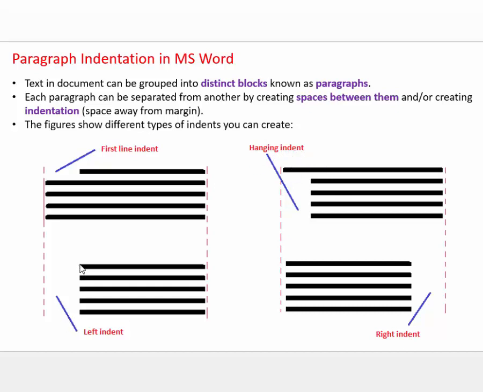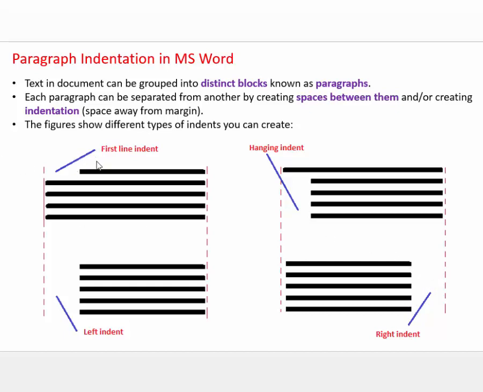The third one is simple, where all the sentences are indented on the left, so we create a big space here for each line between the margin and the beginning of each line. We call it left indent. And the right one is like that, where we create a space between the right margin and the end of these sentences to create an indentation.